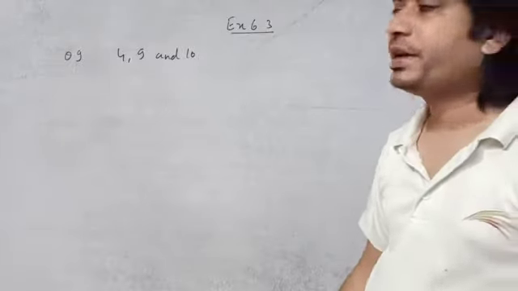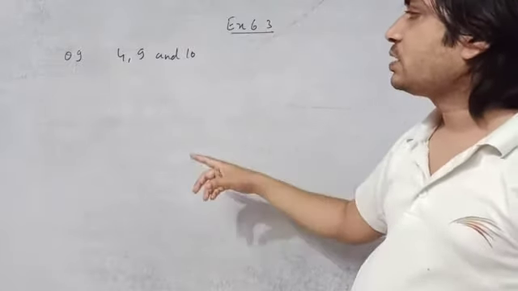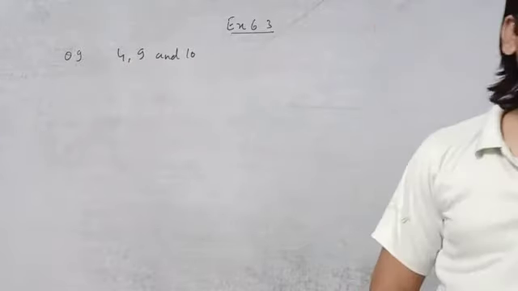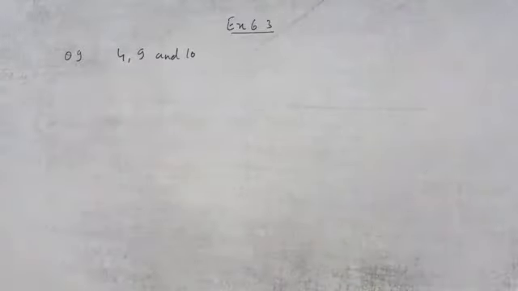Whenever a question comes like this, to find the smallest number which is divisible by 4, 9 and 10, for that we will find the LCM.